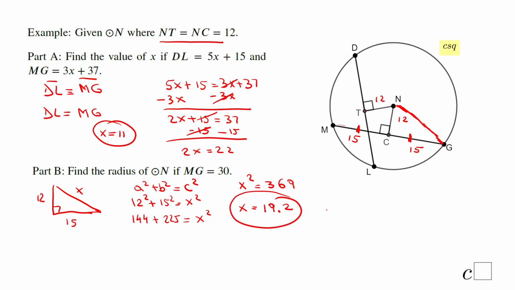The radius of this circle N is 19.2. I round this to the nearest tenth, and that's it.